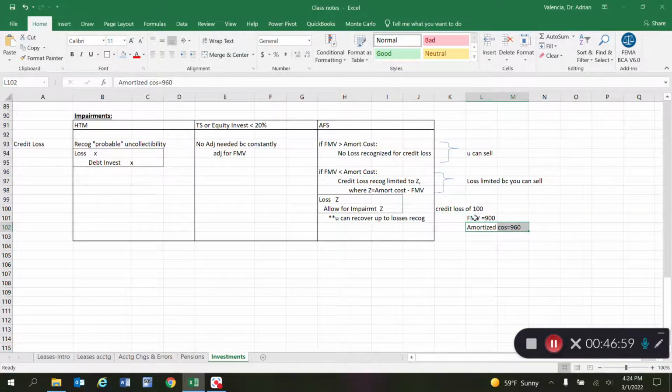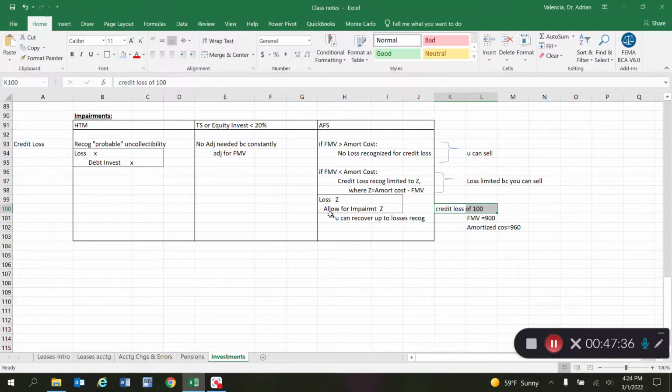It's worth $900. I have a potential credit loss of $100. Do I recognize the whole $100 like I did under the held to maturity approach? And the answer is no. Even though we're exposed to 100, we're only going to recognize a maximum of 60, the difference between the amortized cost and the fair market value. And the idea again is, at the worst case, you could sell this for the fair market value right now. So only recognize the difference that takes you to fair market value.